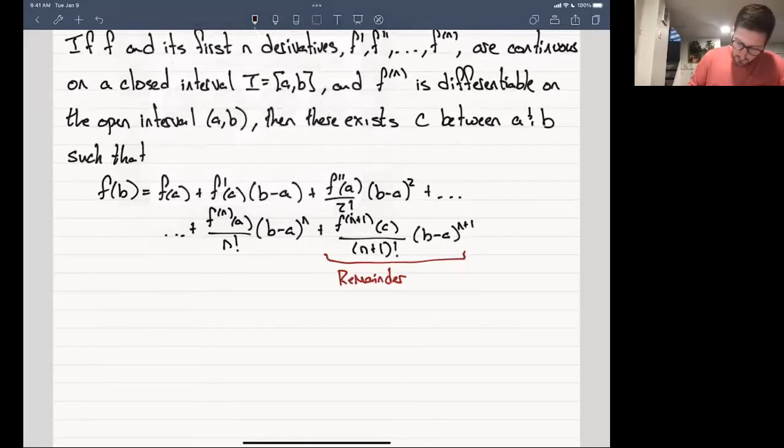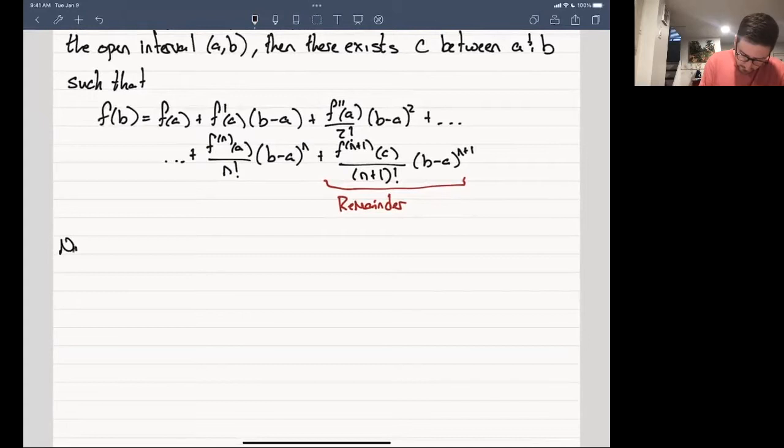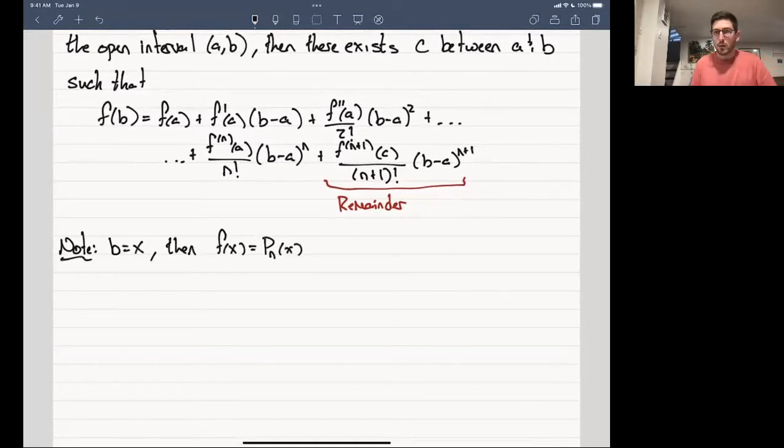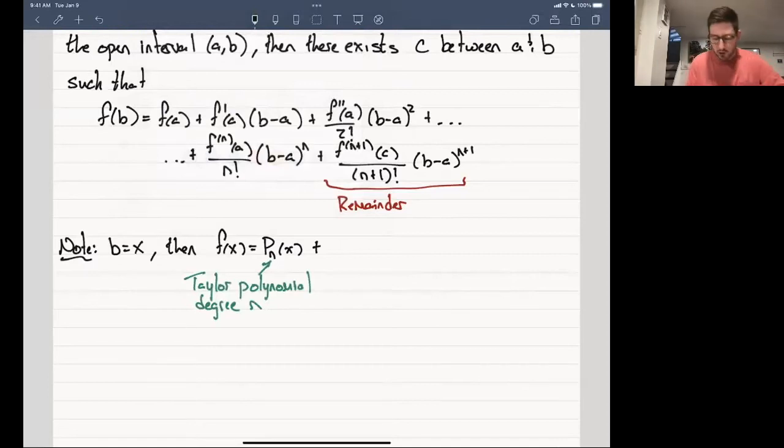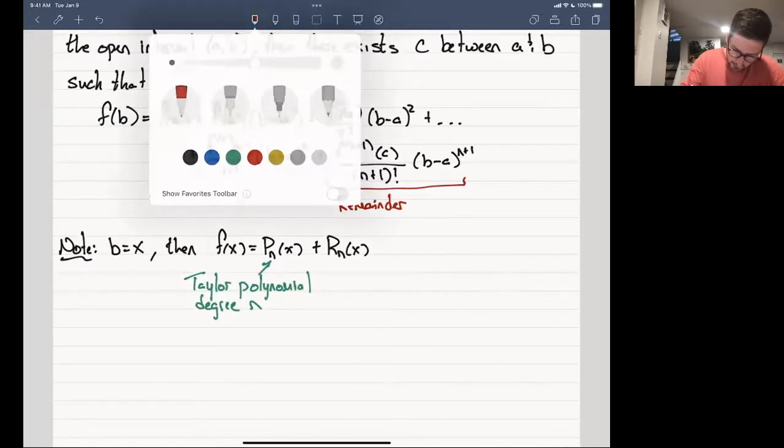So let's just put some notes here. So note, if you write b is equal to x, then essentially you've got f of x is equal to the Taylor polynomial of degree n, and then plus what we'll term r sub n of x, which, as I just said, is the remainder term.